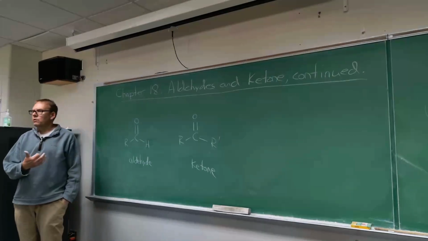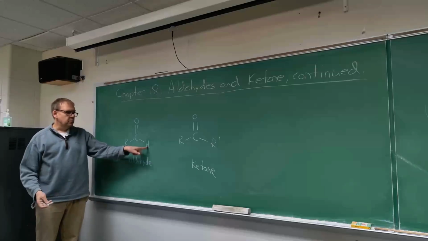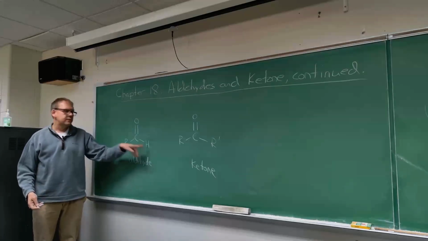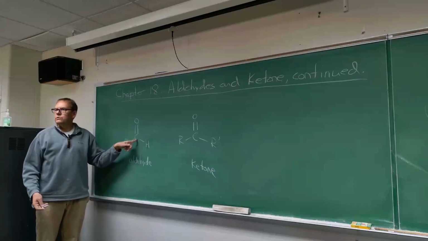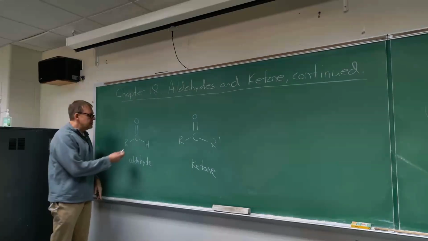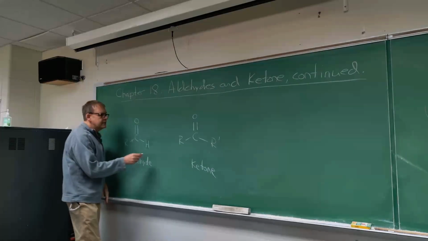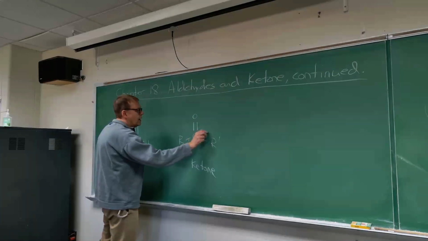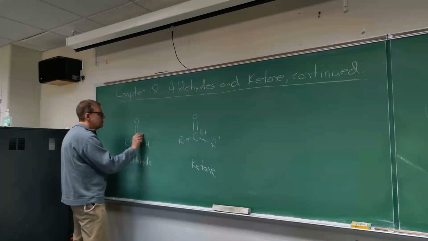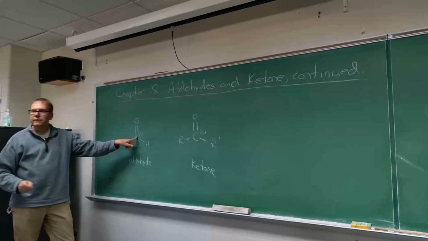Aldehydes tend to be a bit more reactive because they have this smaller H, so sterically it's easier for a nucleophile to attack that carbon. It's also a little bit more electron poor carbon because each one of these R groups gives a little bit of electron density to the carbonyl. So the carbonyl is partially positive in both of these cases, but the partial positive charge is a little bigger on an aldehyde.